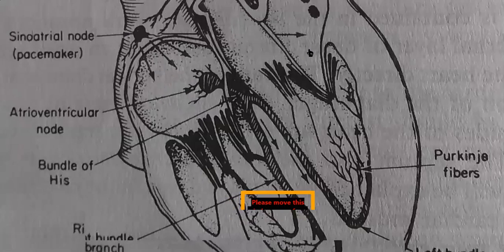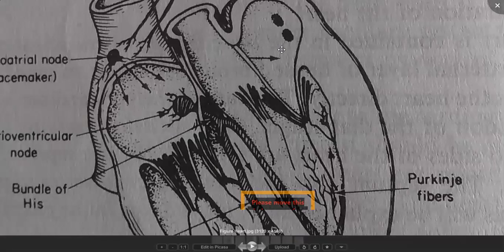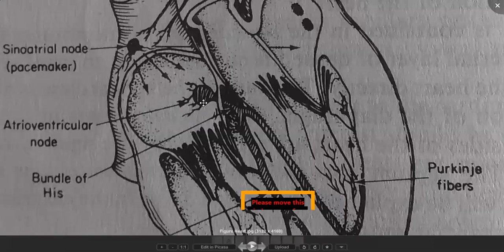Similarly for the left atrium, the pulses travel to the left atrium and make it contract, and these pulses also travel to the atrioventricular node. This is another excitation node.